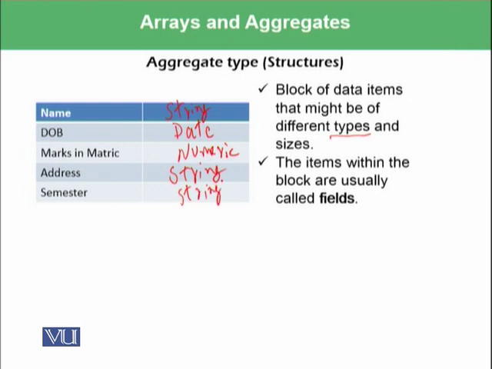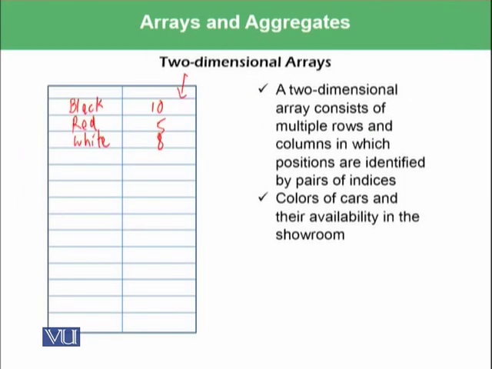So please note again, on the previous slide, in the two-dimensional array we had the same data type. Black, red and white are not string variables. In fact, these are integer variables.